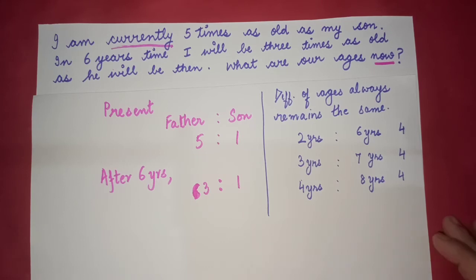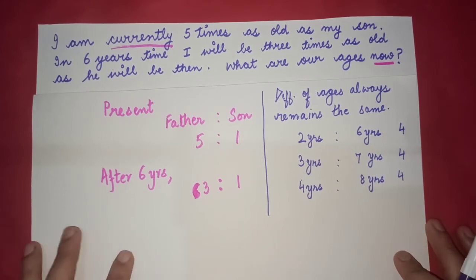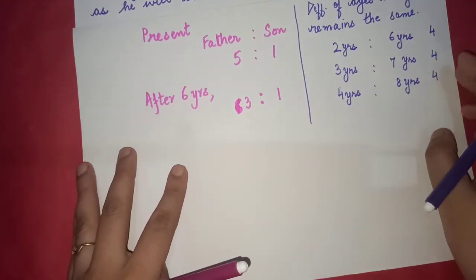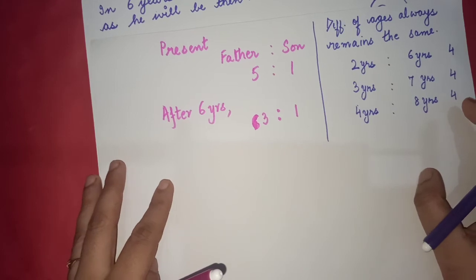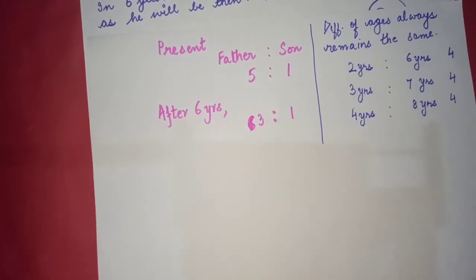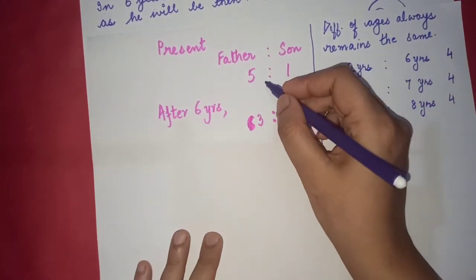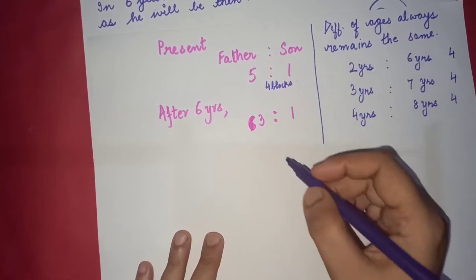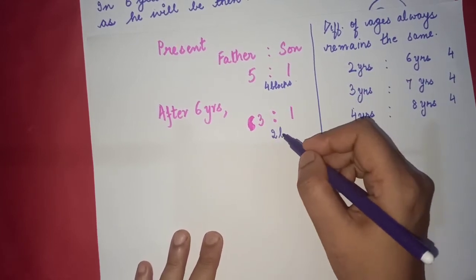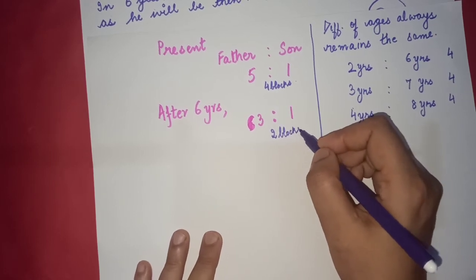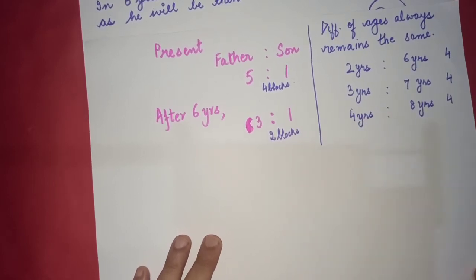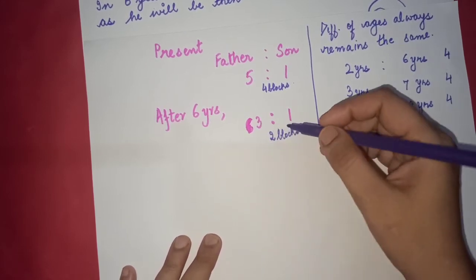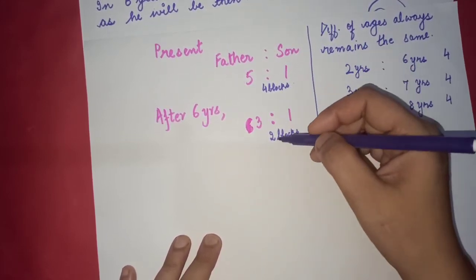So what we are going to do here is use this concept only. Now look at the present. At present, what is the difference? The difference is of 4 blocks. Here the difference is of 2 blocks. I have to make this also 4 blocks because the difference has to be the same.